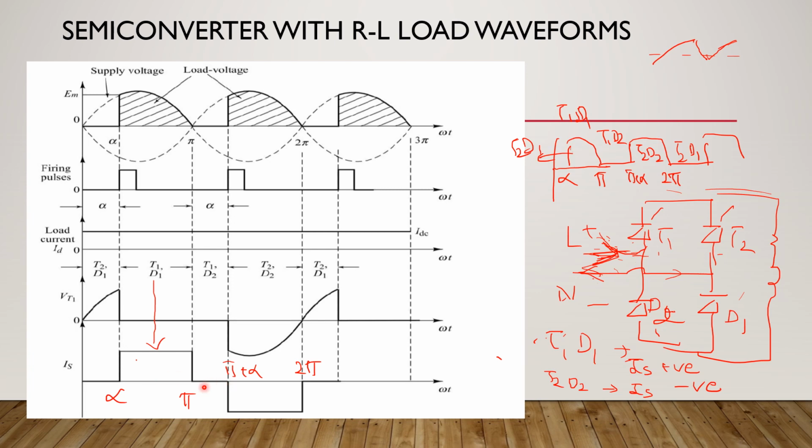So from alpha to pi, supply current is positive. From pi plus alpha to 2 pi, when T2 and D2 are conducting, supply current is negative. Magnitude is going to be equal to the load current, the same value, but only the direction has changed.